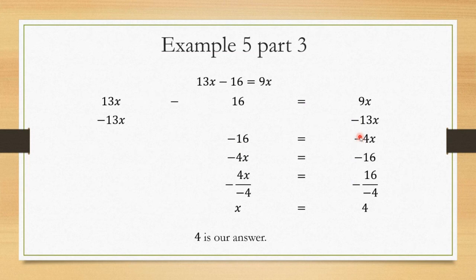Now, I like to have x on the left side, so I interchange both sides. So we have minus 4x equals minus 16. From here, we want to get x all alone, right? So we divide both sides by -4. The -4's cancel, we get x.